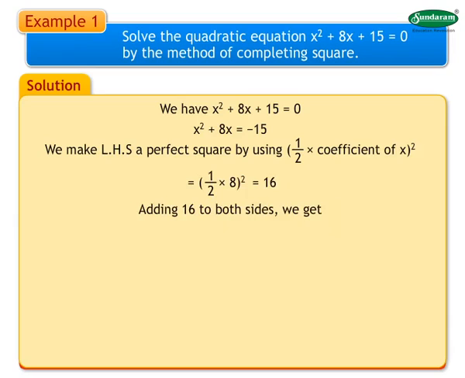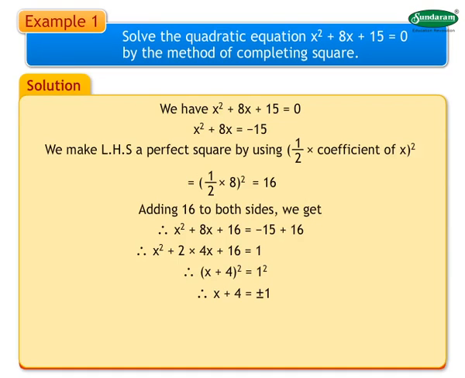Adding 16 to both sides, we get x² + 8x + 16 = -15 + 16. Therefore, x² + 2·4x + 16 = 1. Therefore, (x + 4)² = 1².